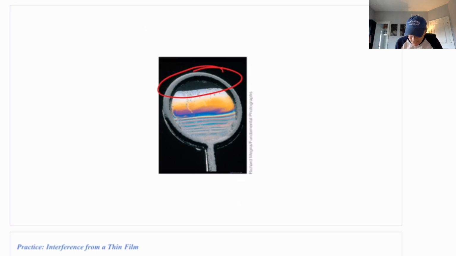Then you get this transition region, and then once you get right about down into here, you see bands of alternating colors with, if you can see very carefully, very thin dark bands in between. So there, where the colors are, you're seeing fully constructive interference for the particular wavelength of the particular color that you see for the thickness of the soap film at that location.